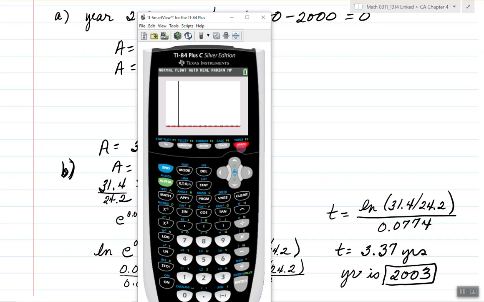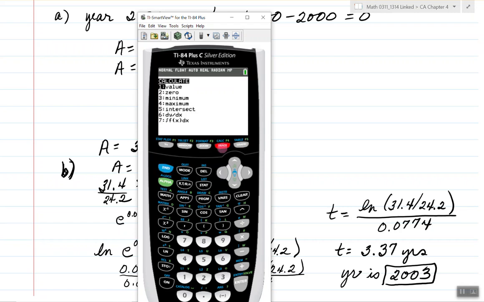Okay, I think my y values, oh my goodness, I was outrageous with my y's. My y's don't need to be that big. I don't need to set them in millions. I just get to use the word million. So -10 to 50, I apologize. There we go. There's that exponential curve. That is 31.4 million.